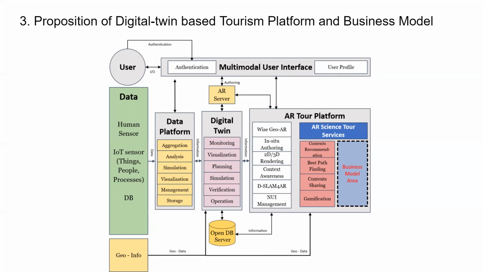The AI platform prompts the AI server and open database server to provide ARVR tour services through WISE Geo AR, in situ authoring, 2D, 3D rendering, and context awareness, dynamic SLAM, and NUI, natural user interface management.